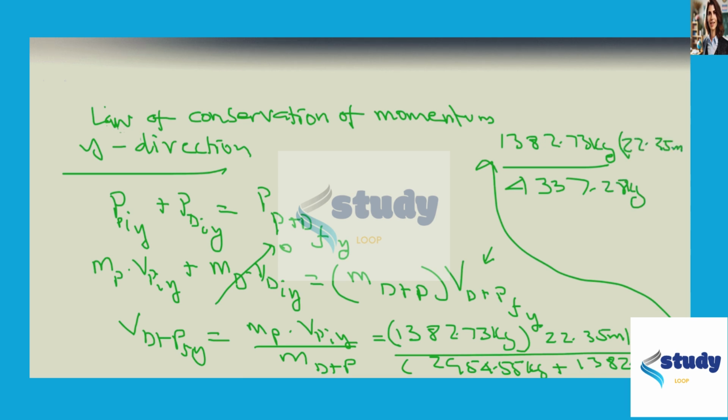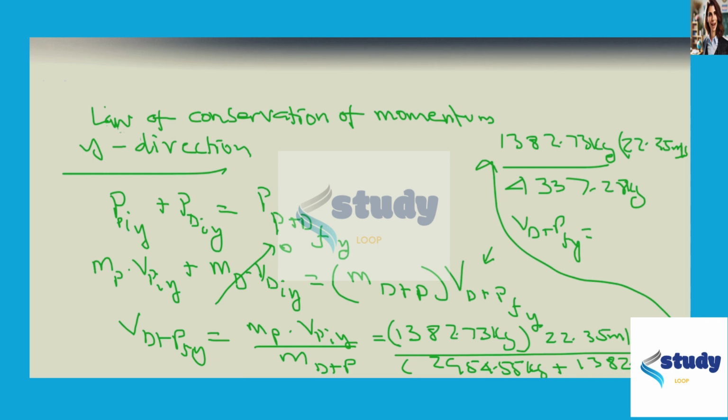22.35 meters per second. Okay, and this is just the final velocity. So the final velocity of the Durango and the Prius in the y direction is going to be, that's in the y direction, not the whole final velocity. So you have to remember that.